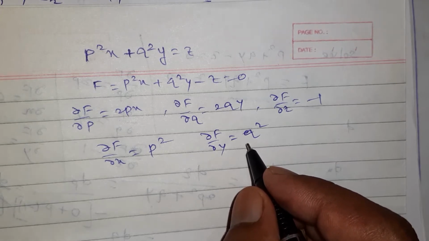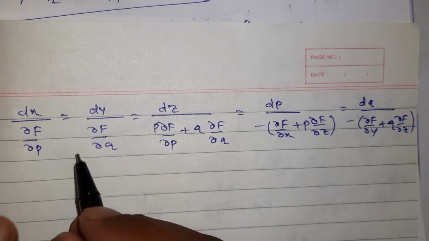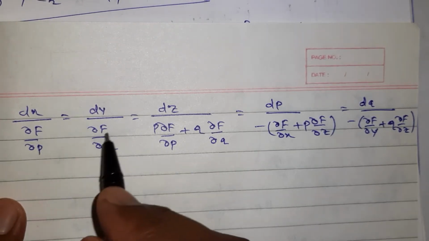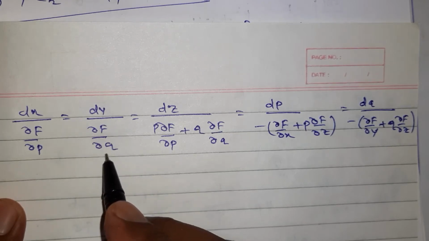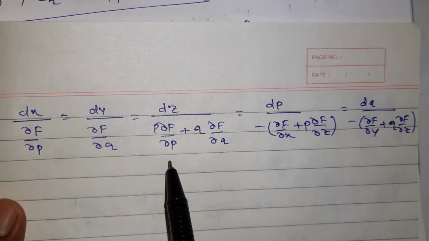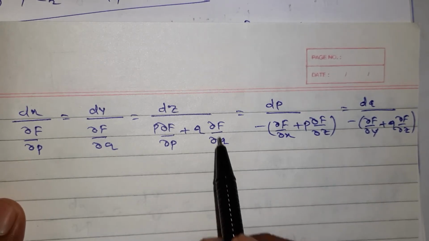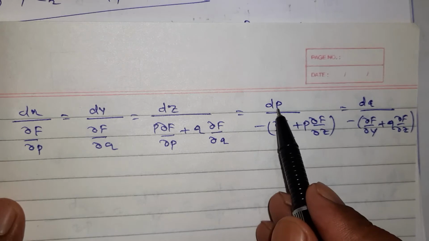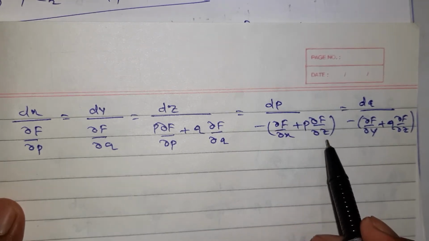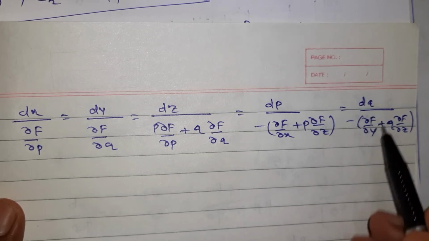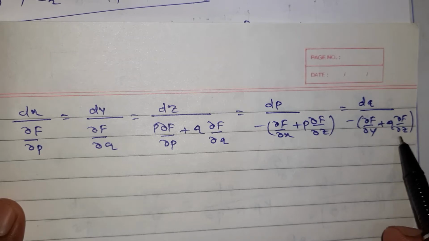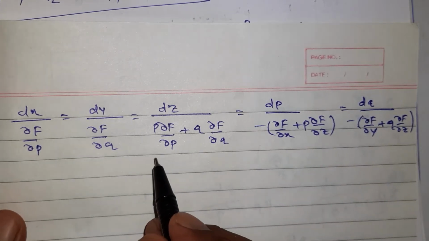So the equations for Charpit method are dx upon dou f by dou p is equal to dy upon dou f by dou q is equal to dz upon p dou f by dou p plus q dou f by dou q is equal to dp upon minus dou f by dou x plus p dou f by dou z is equal to dq upon minus dou f by dou y plus q dou f by dou z. So this is our formula. Now put all values.